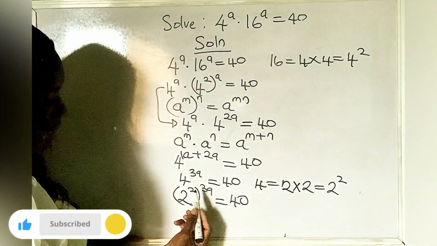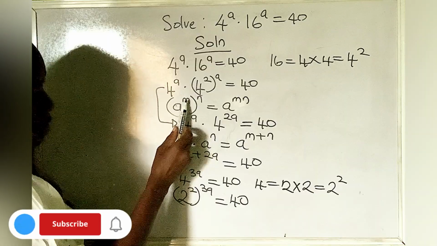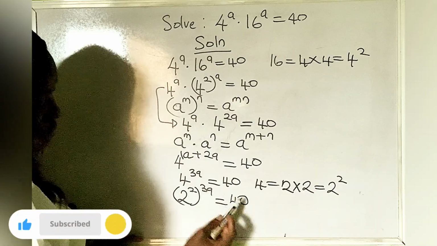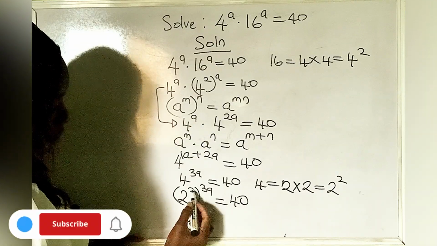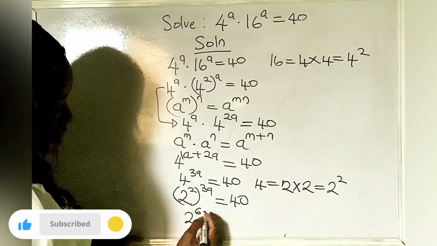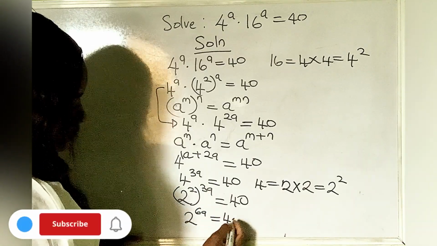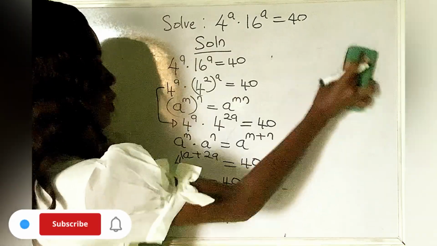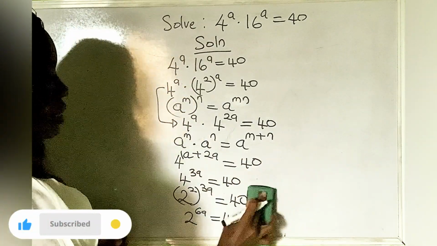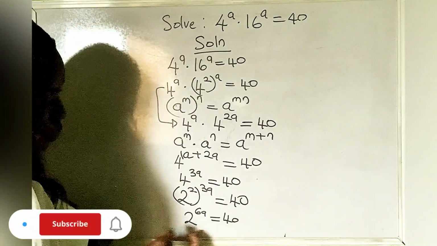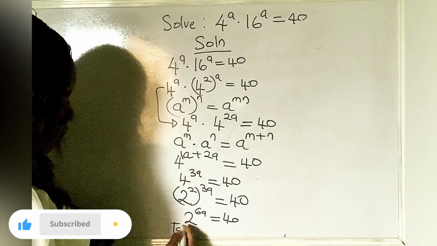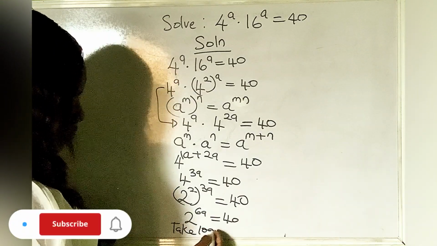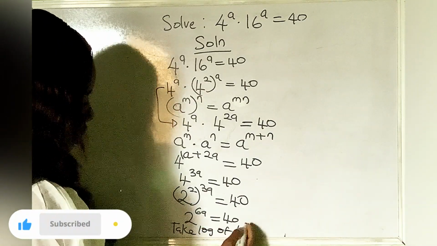So like I said earlier, when you have this, you multiply the powers. So this becomes 2 to the power of 2 times 3a, which gives you 6a, and that is equal to 40. Okay, so at this point, we are going to take the log of both sides.